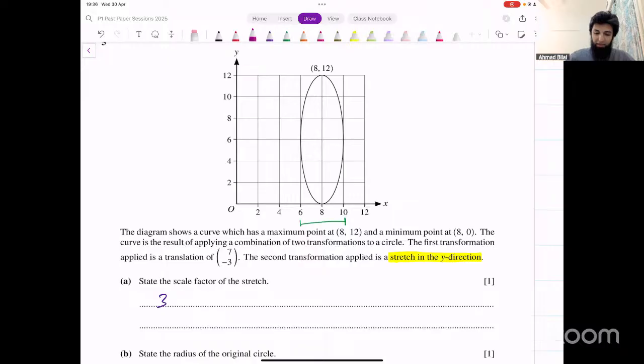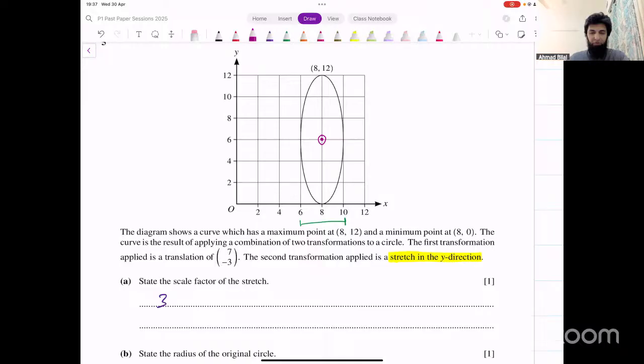Now, in this final diagram that we are getting, the center of this figure is somewhere around here. This is the center at this point of this diagram after the stretch.